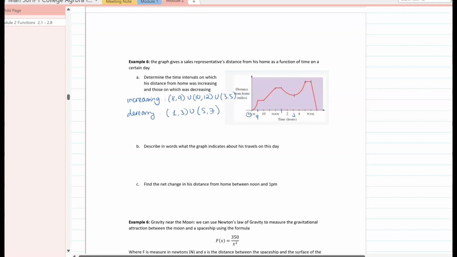Describe in words what the graph indicates about his travel on this day. So from 9 to 10 a.m. he was at the same spot, so he wasn't walking. And then he took a break from noon to 1.